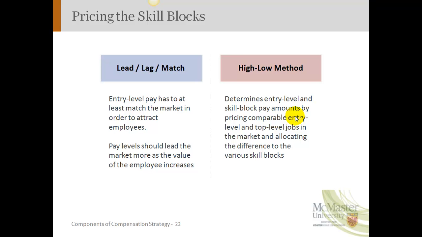They might also say, for example, if they paid $40,000 for an entry level position in the marketplace, you might look at that entry level position and say, okay, now if the market took that person through, or with the employer they're with right now, if they had developed all these skills, say they went from learning how to do different functions in your organization, by the time they reach my top skill block in my organization, if I had to bring somebody in at the top level of my organization, what would I have to pay if I had to bring them in the market, right?